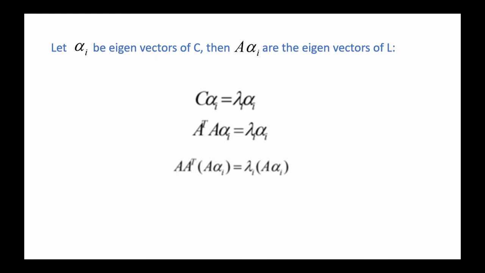We can replace A A transpose by L, which is nothing but the correlation matrix. In this last equation, L is a matrix, A alpha_i is a vector, lambda_i is a scalar. We can see that the matrix L times the vector A alpha_i returns the same vector A alpha_i scaled by the scalar lambda_i. So we can say that A alpha_i is an eigenvector of L if alpha_i is the eigenvector of C.